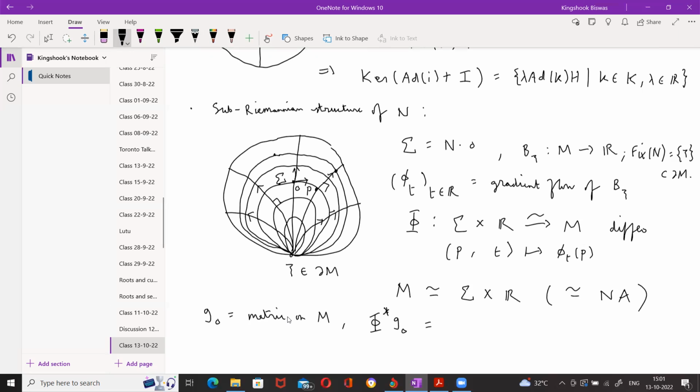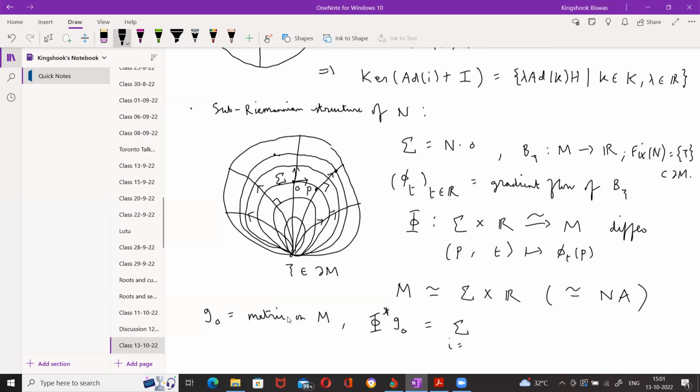So this will be basically some summation. In terms of metrics, it will be block diagonal. Yes, it will in fact be block diagonal.